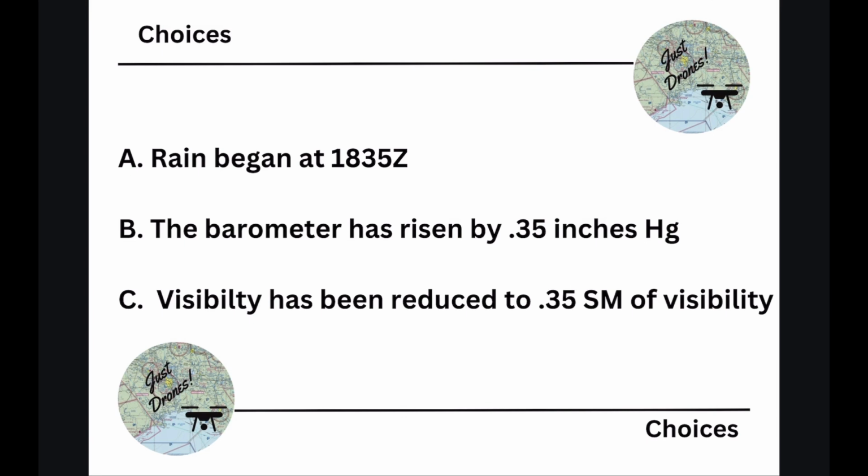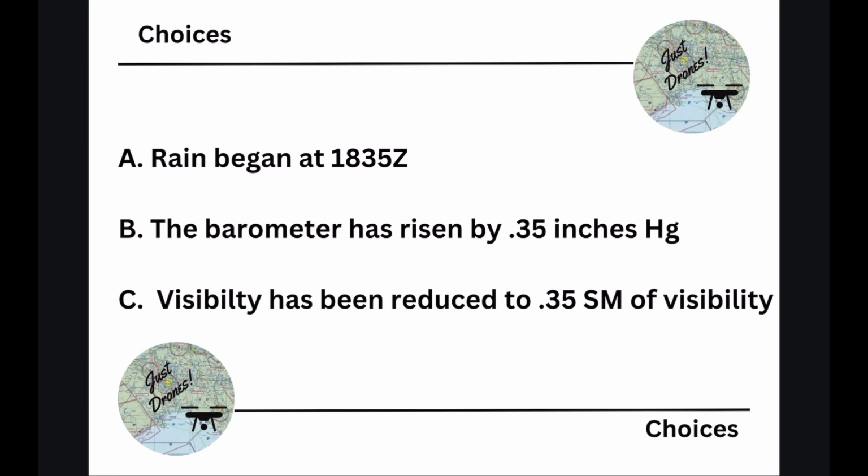So remember that altimeter setting, the 30.00. It's saying here that this means that barometer, which is what your measurement was, has risen by 0.35 inches of mercury. And then C, visibility has been reduced to 0.35 statute miles of visibility.